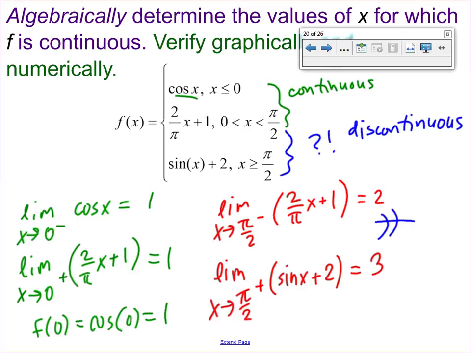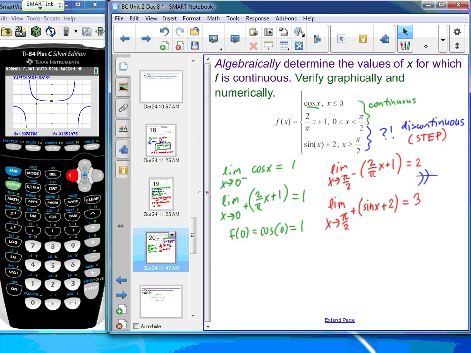The left-hand limit exists. The right-hand limit exists, right? They're numbers. They're specific y values, but they're different. So we can expect to see a step. Awesome. I'm going to go ahead and add that. Riley, explanation. I'm going to go ahead and add the step discontinuity, also called a jump discontinuity, depending on your text.